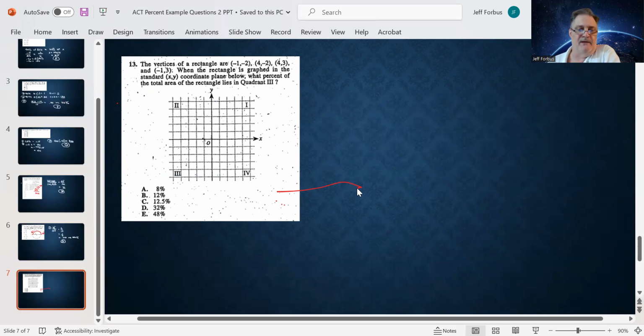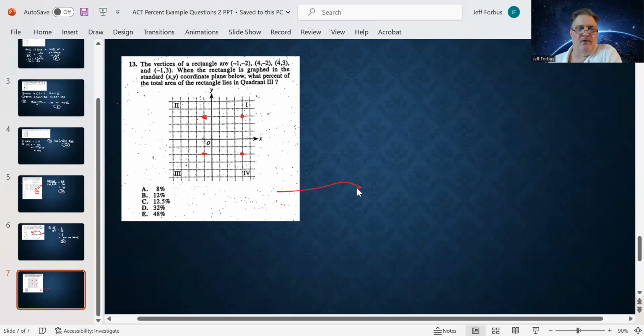So come over here to -1 and come down to -2. There's a point. 4 and -2. 1, 2, 3, 4, and down to -2 right here. 4, 3. 1, 2, 3. There's 3. And then -1, 3. So there are the 4 points that they just gave us.